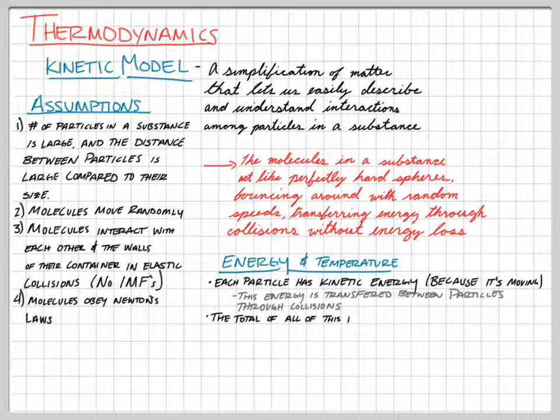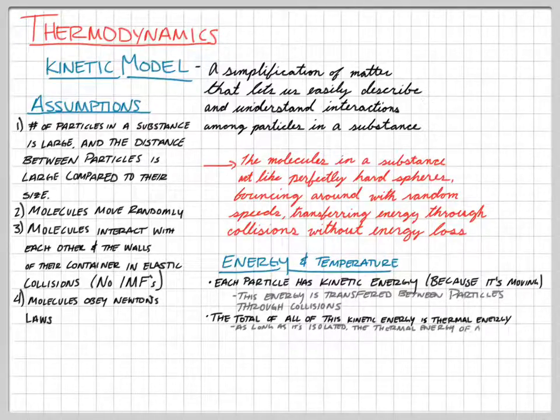Because these are elastic collisions, because there's no energy loss in these collisions, the total of all of this kinetic energy stays the same. And we call the total of all of this kinetic energy thermal energy. So total kinetic energy of all of the particles in a substance is the thermal energy associated with that particle. As long as it's not touching something else, as long as it's isolated, I can't change the thermal energy of an object.